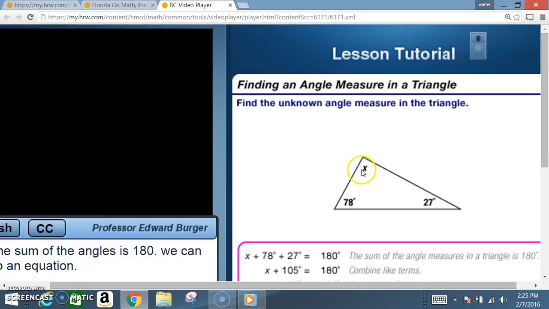So in other words, x plus 78 plus 27 must equal 180. That is true for any triangle, no matter how big, no matter how small.